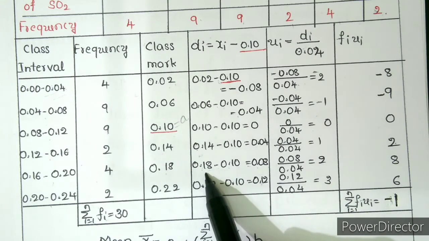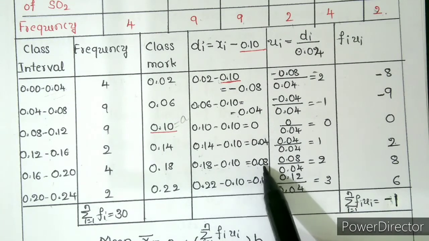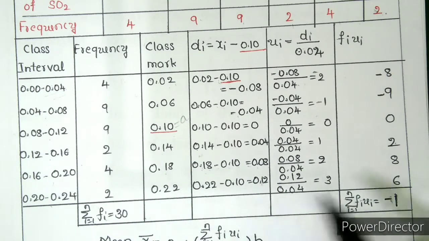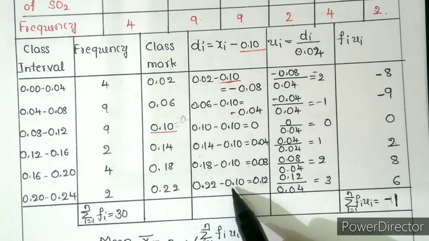Next, 0.18 minus 0.10, you get 0.08. Like this, 0.22 minus 0.10, that is 0.12.